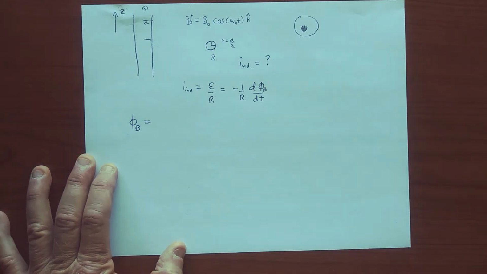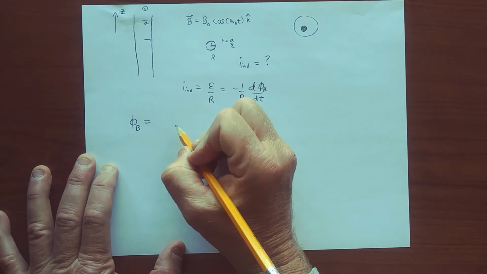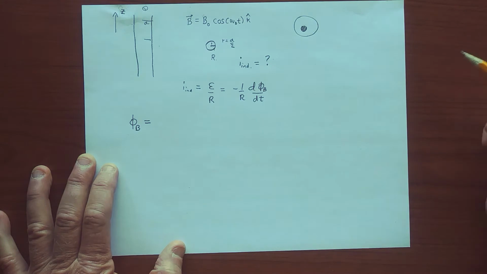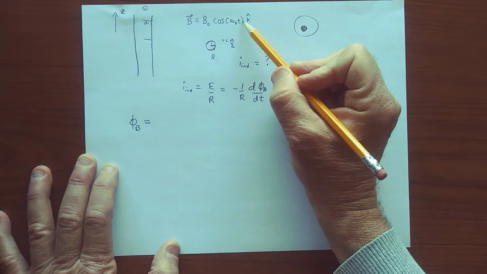Well, it depends on the orientation of the magnetic field and the orientation of the disk and the value of the magnetic field. So it's going to change with time. But we can see that at t equals 0, the cosine of 0, of course, is 1.